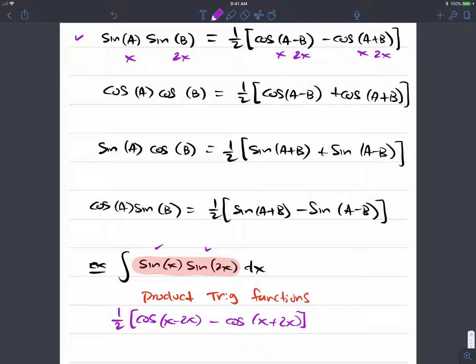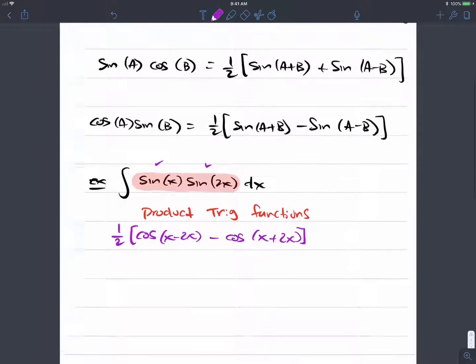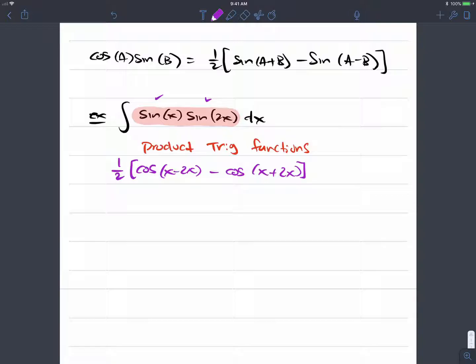So I'm going to replace my product here using this particular identity, that first one, and now let's notice what this reduces to. We have 1/2 cosine minus x minus cosine of 3x.